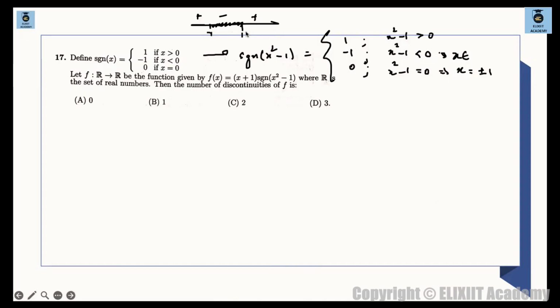So x belongs to minus 1 to 1. And where is x square minus 1 positive? x belongs to minus infinity to minus 1. Not closed, all of them will be open, because here we have strict inequality. All these are open intervals. So this is minus 1 to 1, and this is minus infinity to minus 1 union 1 to infinity.